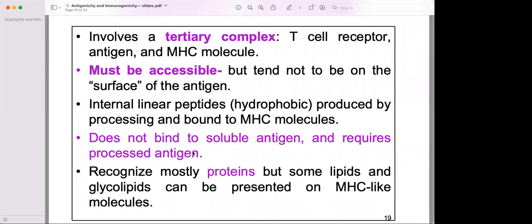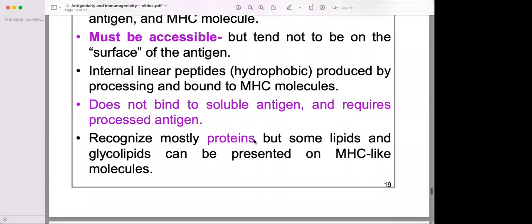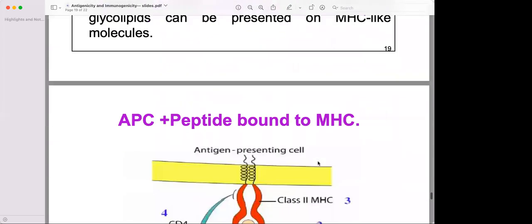Usually T cells do not bind to soluble antigen, as I've explained, and they require processed antigen. In the case of the B cell receptor, it was a native antigen which is recognized. But for the T cells, they recognize mostly proteins, though sometimes they can also recognize lipids and glycoproteins, and these must be presented on major histocompatibility complex molecules before the antigen can be recognized.